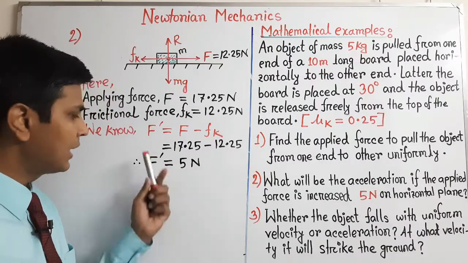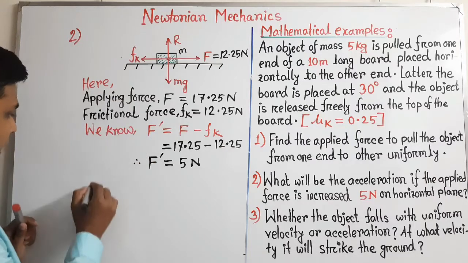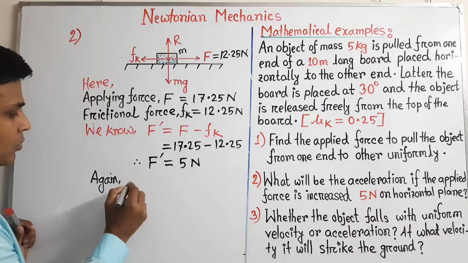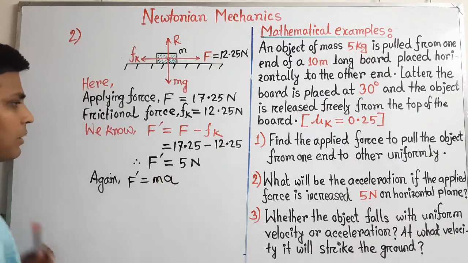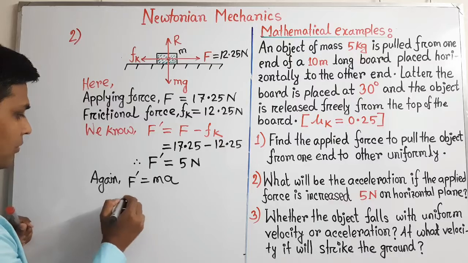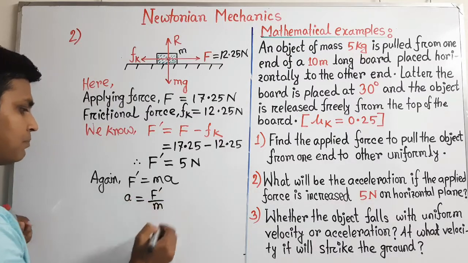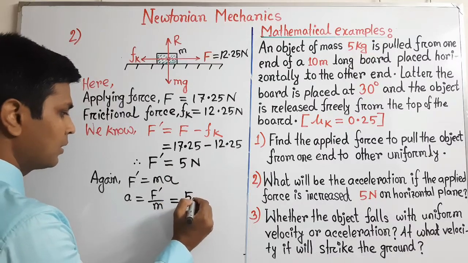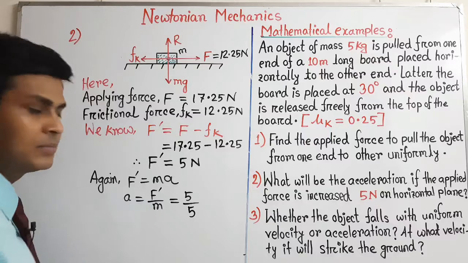Now we can calculate acceleration by using this effective force. Again, we know F prime is equal to ma. So what will be the value of a? a will be F prime divided by m, and F prime is here 5, and mass is also given here, 5.